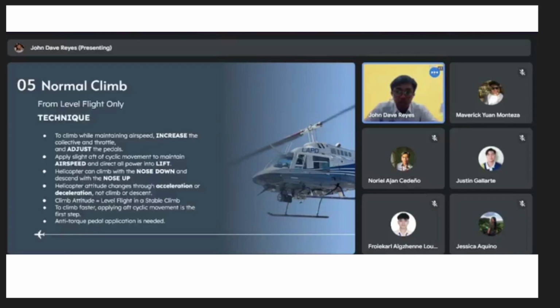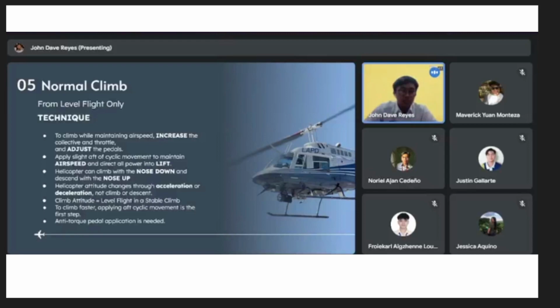However, as the airspeed decreases, we must take note that the airflow over the vertical fin of the helicopter decreases, necessitating more anti-torque or left pedal application to counter the rotation of the body of the helicopter.